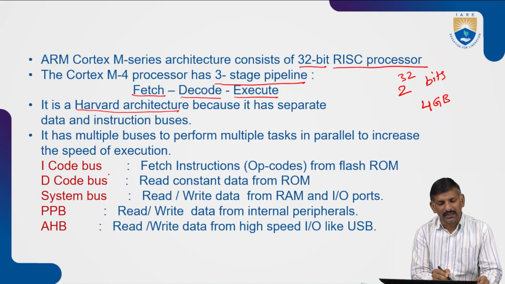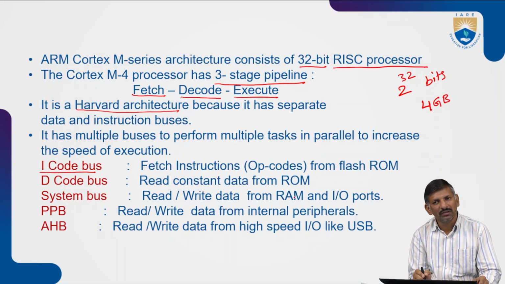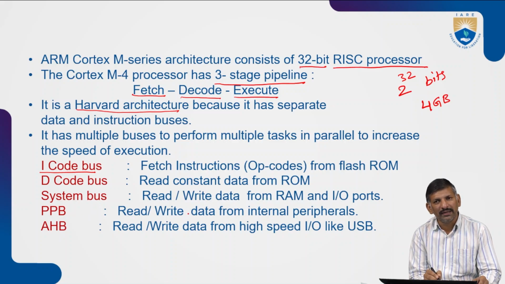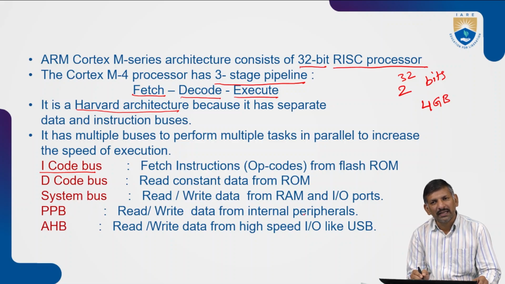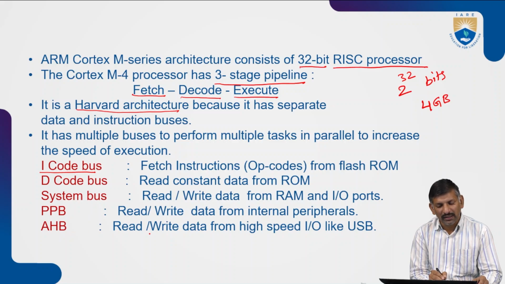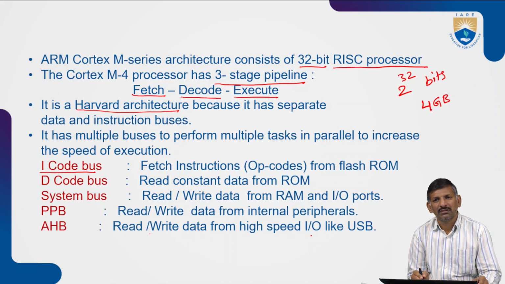It contains various buses: the I-code bus, which fetches instructions from flash memory; the D-code bus, which reads constant data from the ROM; the system bus, which performs read and write operations on RAM and IO ports; the private peripheral bus, which does read and write operations on internal peripherals; and the advanced high performance bus, which performs reads and writes with high speed peripherals like the universal serial bus.